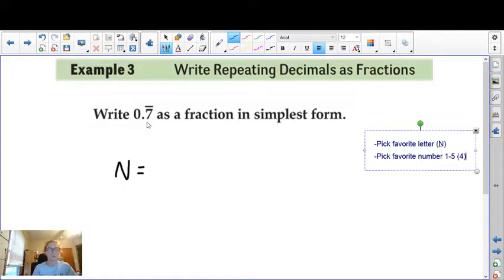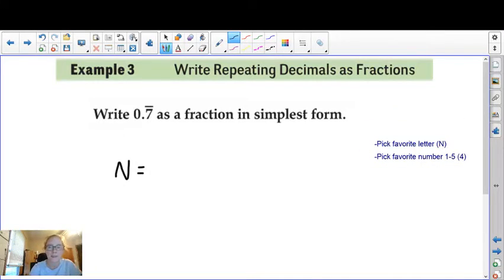And since the only digit that I'm repeating is 7, I'm going to say 0. 7, 7, 7, 7. So that's where that 4 comes from. I'm going to repeat that repeating 7 four times.